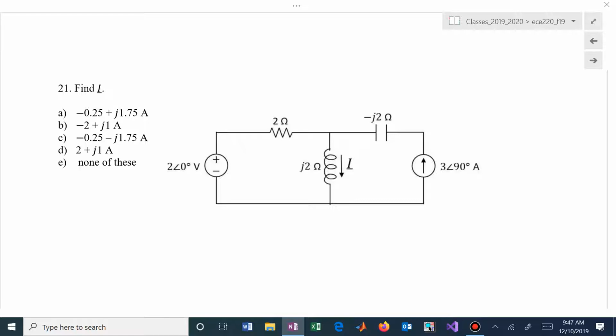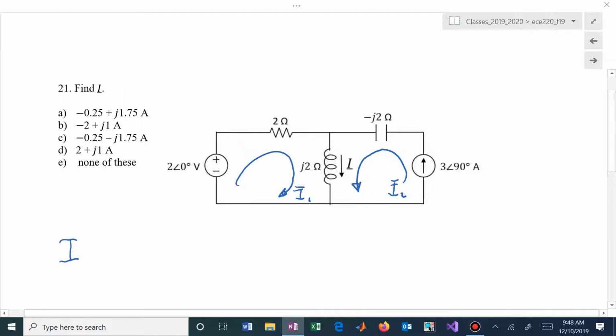I'm going to do mesh analysis a little differently than what I've done before. I'm not going to negate that. I'm going to just call that one of my mesh currents since it's given. And then I really only have one unknown mesh current, even though there are 2 meshes. I'll call this one I1, and this one I will call I sub 2.